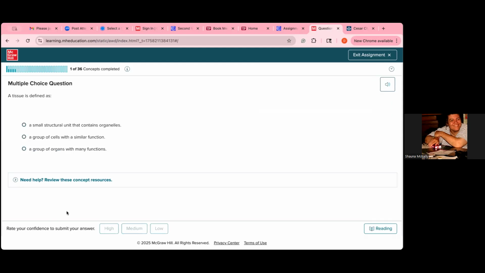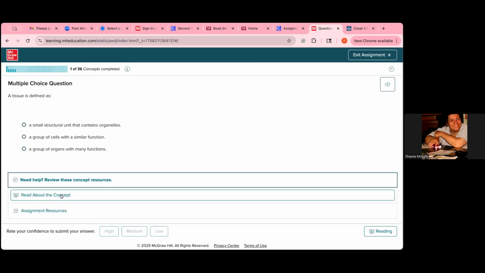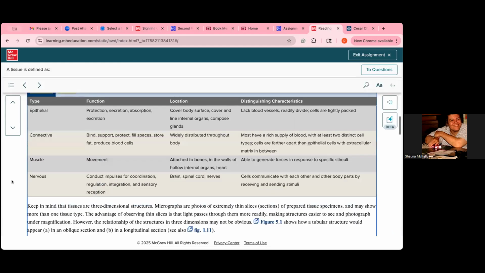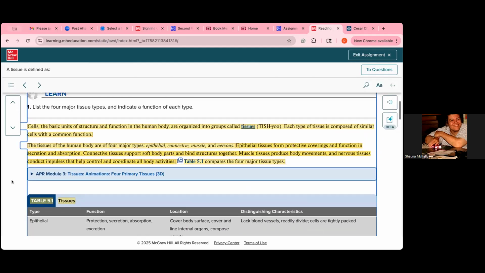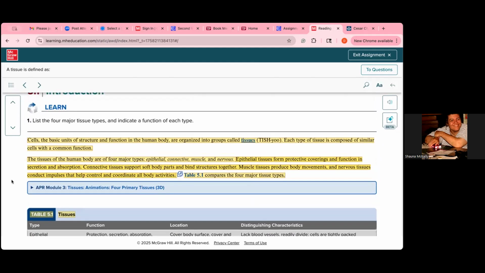A tissue is defined as which one of those? Go up, because the definition was before that.